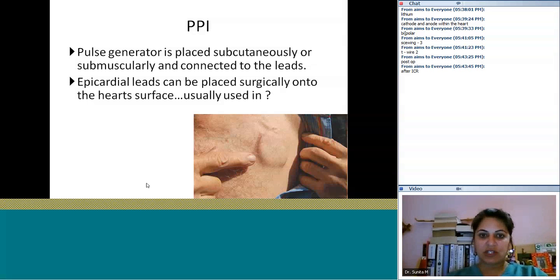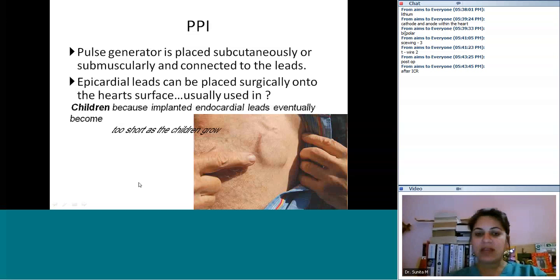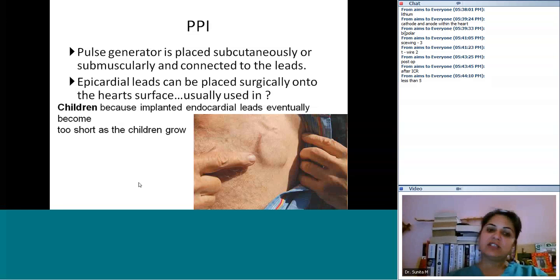So after any post-op conditions, you could use, but more commonly, okay, let us say it was a congenital AV block. In which age group would you use an epicardial lead? So it's typically used in children, right? Especially in smaller children, because if you put an implanted endocardial lead, it eventually becomes too short, right, as the child grows.